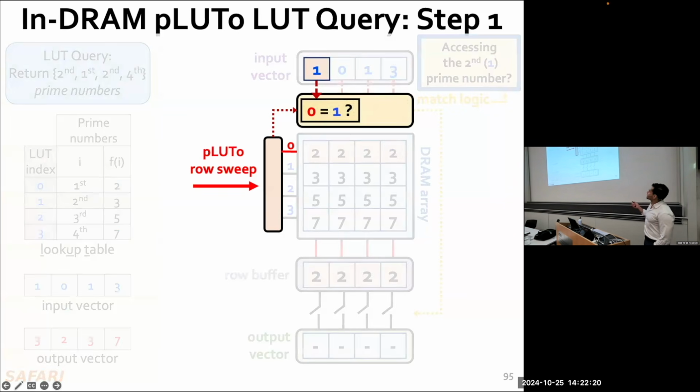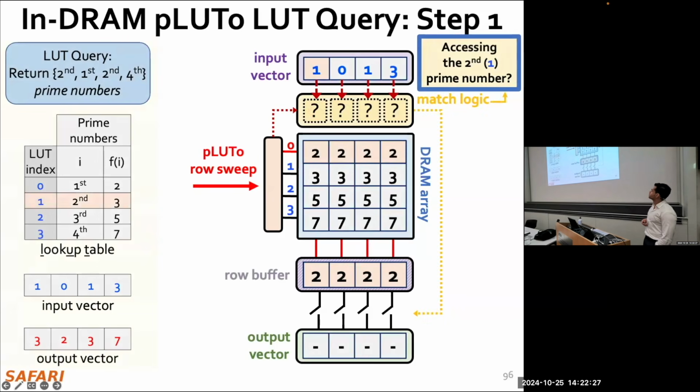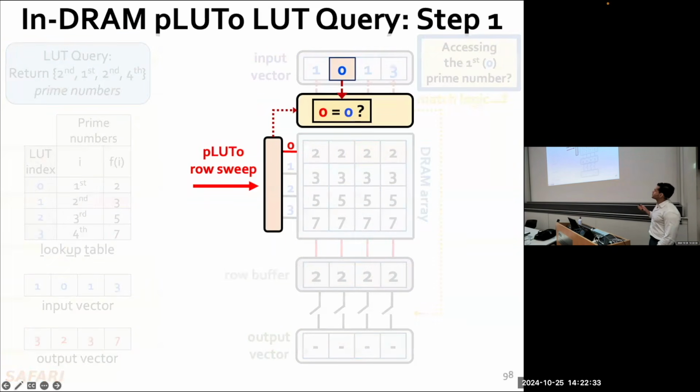So I'm checking the first input of my input vector. Am I currently accessing row 0? No, I'm not currently accessing row 0, so that position is not going to be asserted. For the next one, I'm currently accessing row 0, which, yes, is true.